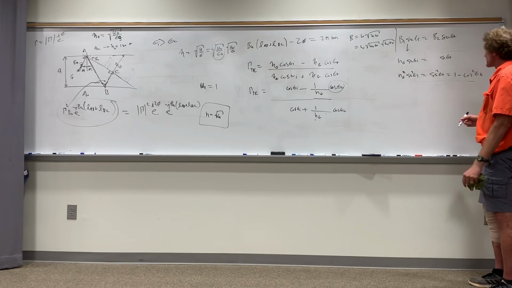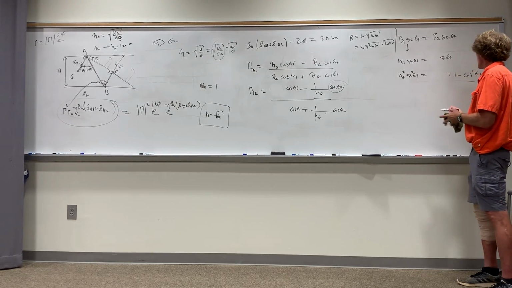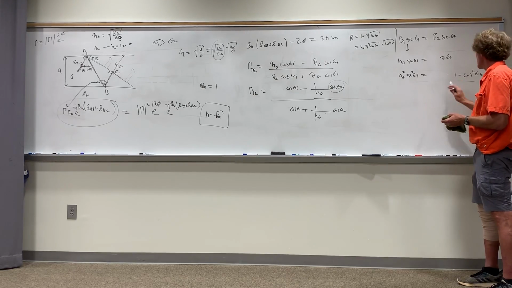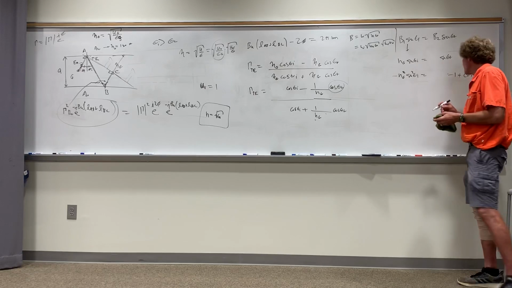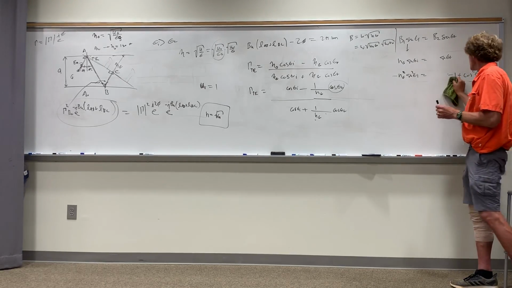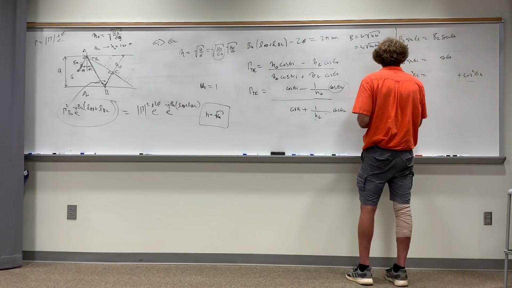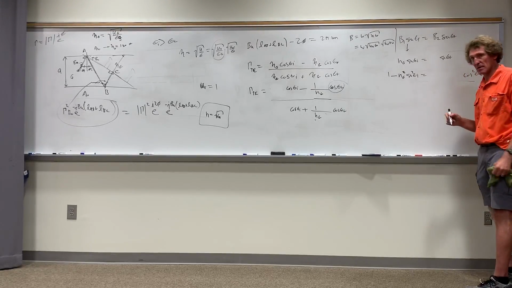Then what I do is I multiply everything. Let me get rid of that middle term. I multiply both sides by minus 1. That makes that minus, that plus, and that minus. Got me? Then I take minus 1 to the other side, makes it plus. So now I have 1 minus that is equal to cosine squared of theta, right?